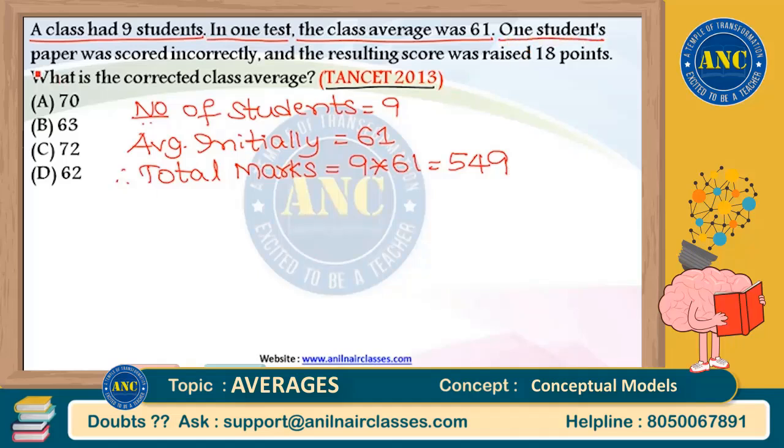One student's paper was scored incorrectly and the resulting score was raised 18 points. That means one of the students' papers was corrected incorrectly, right? It was not a correct correction, it was an incorrect correction. And the resulting score was raised by 18 points.